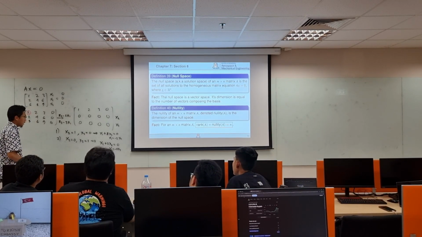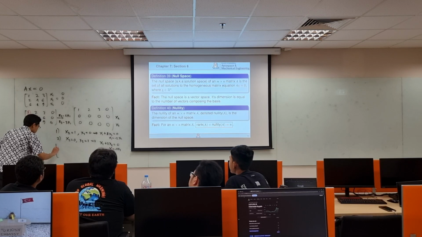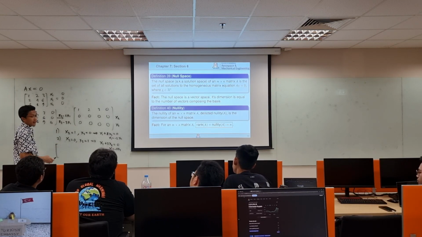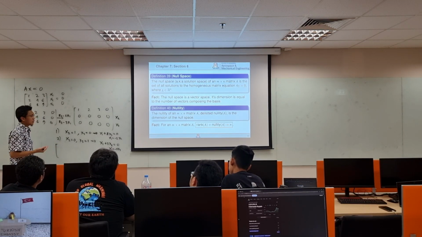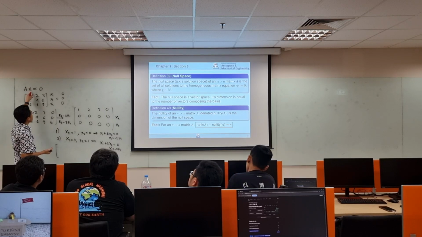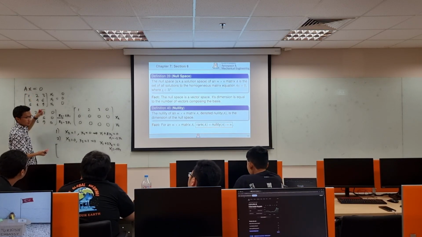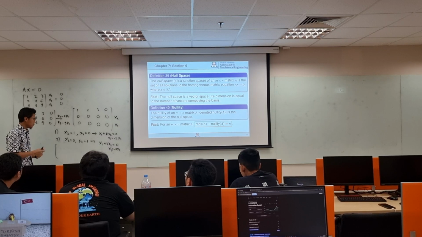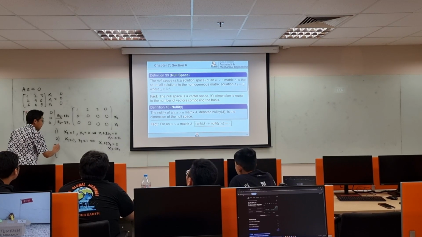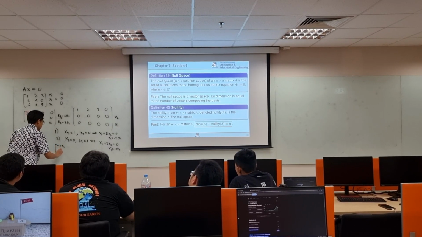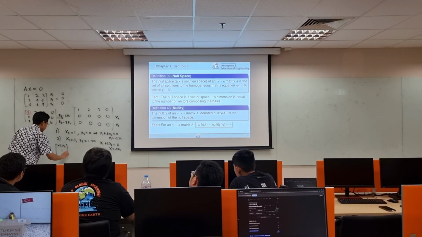And so I have two solutions because the rank is only 1. The solutions that can make this 0, we have 2. In here we have minus 2 times x2, this is 1, 0.